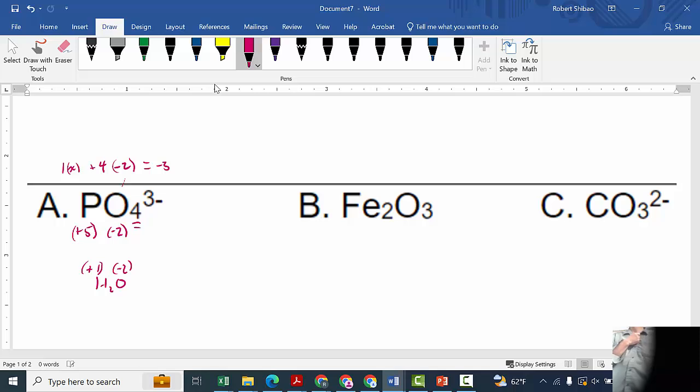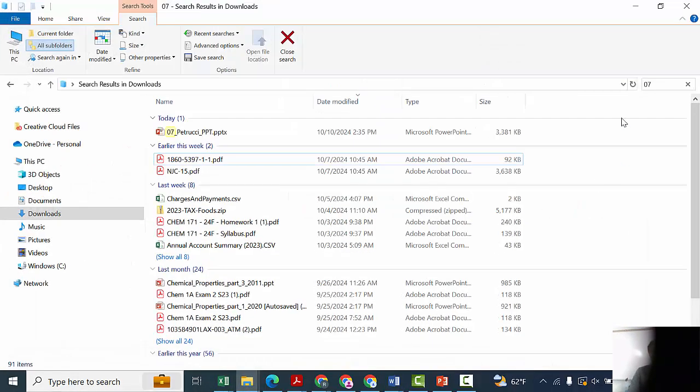Well, then we go to phosphorus, and we think about phosphorus. What's the range of oxidation states for phosphorus? If we look at the periodic table, we can see the range of oxidation states here.